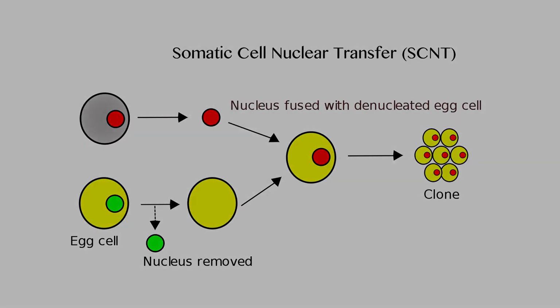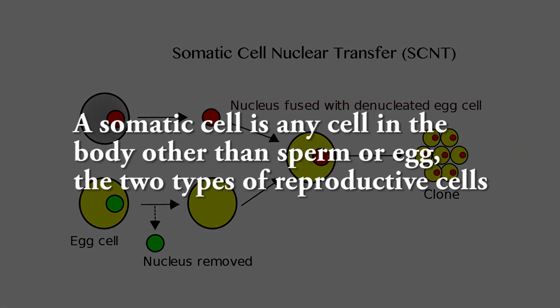Now coming back to cloning, the somatic cell. A somatic cell is any cell in the body other than sperm or egg, the two types of reproductive cells. Reproductive cells are also called germ cells.